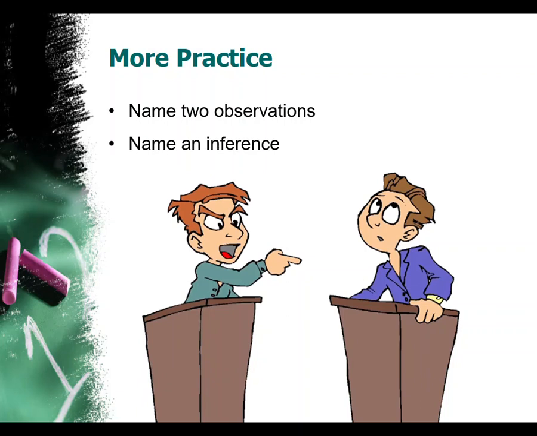Now we could infer that the person in blue over here on the right side is confused because they're looking upward, or that they don't know what to say because, again, they're looking up, or maybe that they are having a debate, because you're inferring based on prior knowledge that 2 people behind podiums where one person is pointing at another could be arguing or debating a topic.